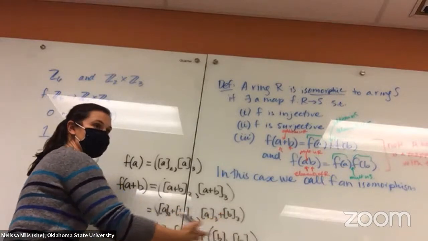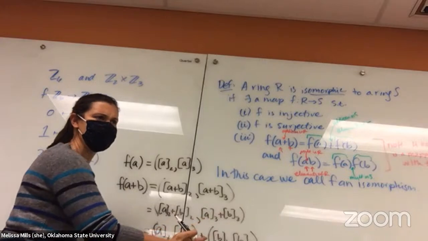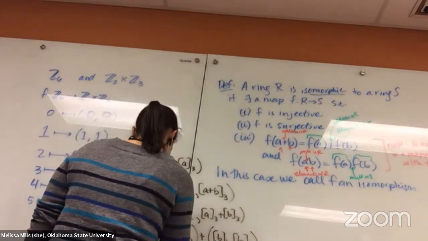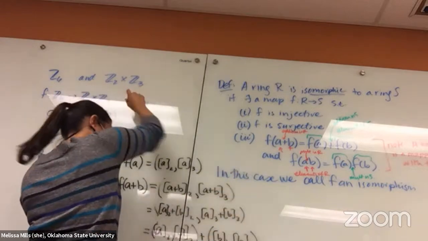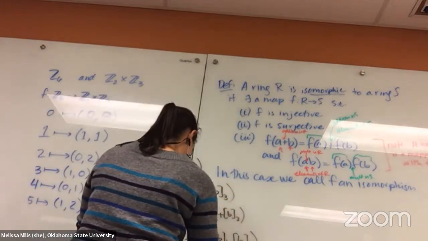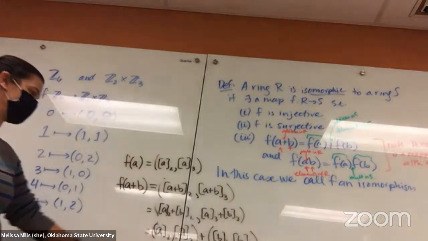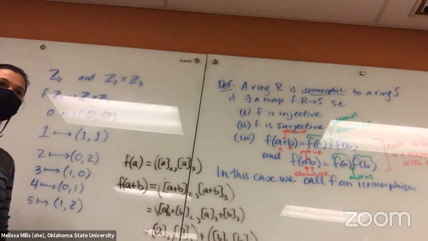It's almost like vector or coordinate addition, right? So this is equal to F of A plus, with the plus over here, F of B. So I've shown that it works for the addition case. I've shown the homomorphism works. And you can do a similar thing for multiplication. It's going to work out.